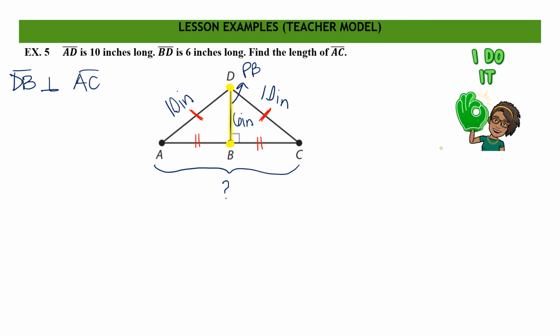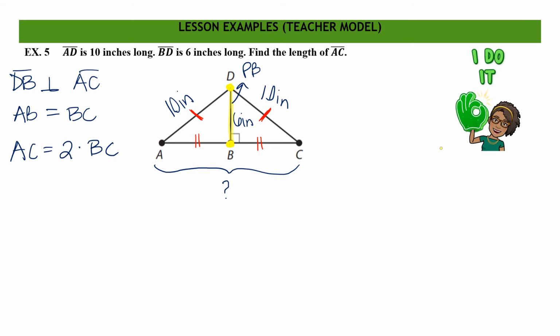Since we're talking about measures, we can say the measure of segment AB is equal to the measure of segment BC. And because that's true, since we're trying to find AC, we can also say that the full length of AC is equal to twice that of BC.